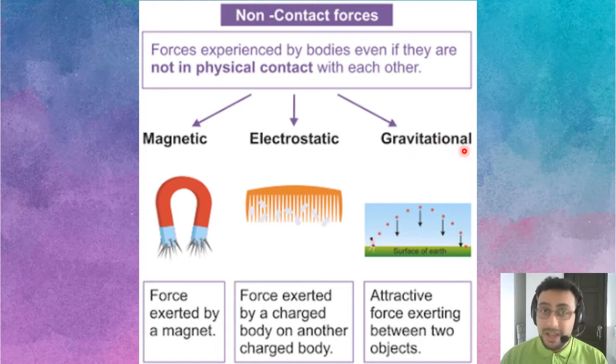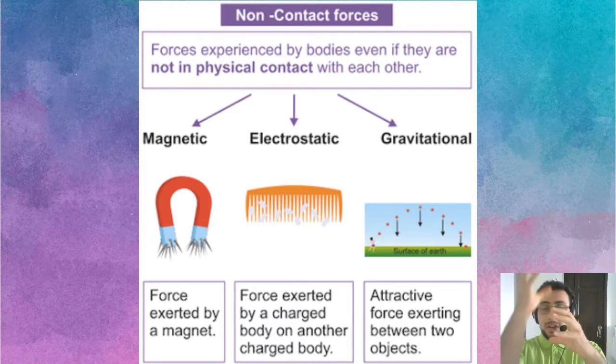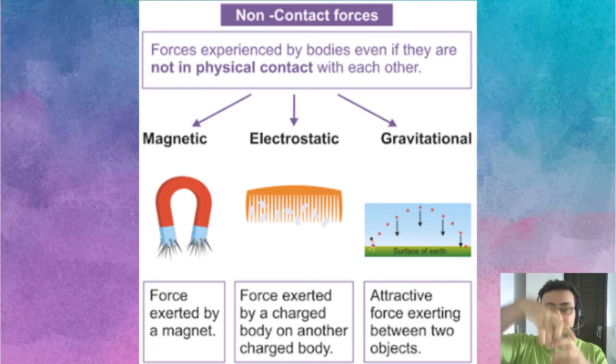Gravitational force is the force called the attractive force exerting between two objects. What does it mean? It means that, for example, Earth is attracting everything towards itself. That is called Earth's gravitational force.